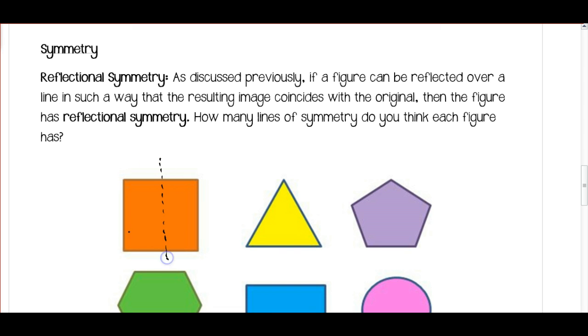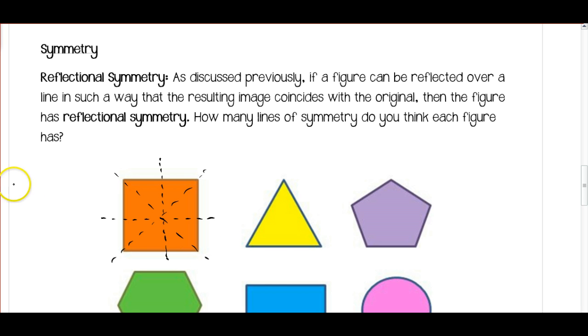So for this square, we're going to assume it's a square. Here's two different lines. So this line, I can fold it over on itself and it would exactly match up. So that indicates it has reflection symmetry. Or this horizontal line, I could fold it top to bottom. Or I could actually fold it along the diagonals.